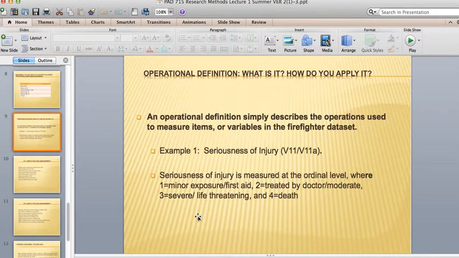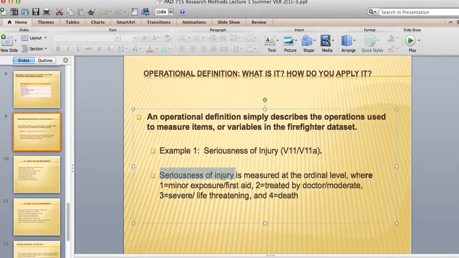But your operational definitions follow very strict protocols. And the protocol should be as follows. Give us the variable name, tell us what level of measurement it is, and then identify for us how those categories are measured. So let's put it together.